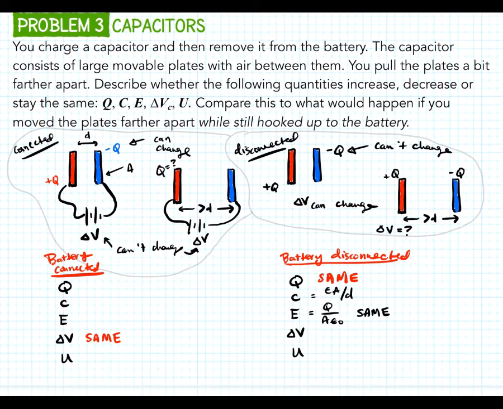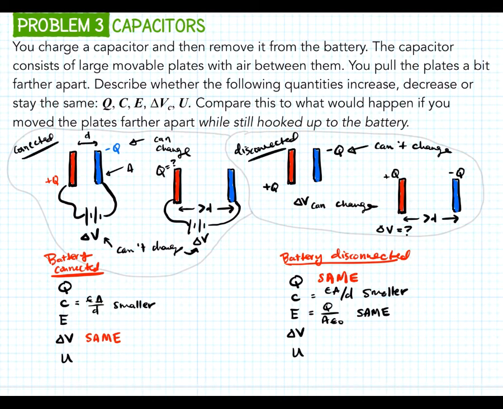And if d got bigger, that means the capacitance got smaller. It's the same thing over here. If we know that this is epsilon A over d, and d is the only thing really changing, because once again, if we move the plates apart, we don't change area and we don't change the material, then this gets smaller over here too.